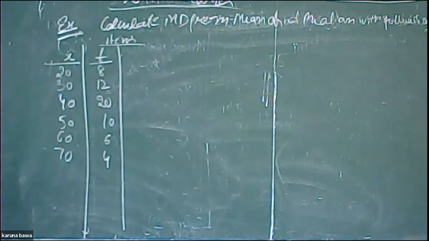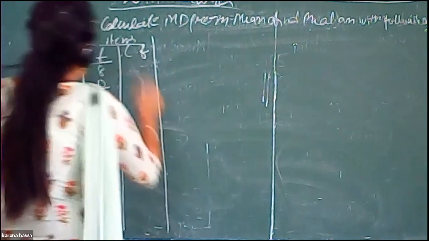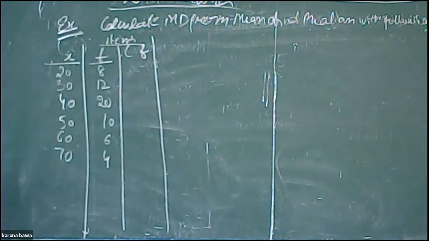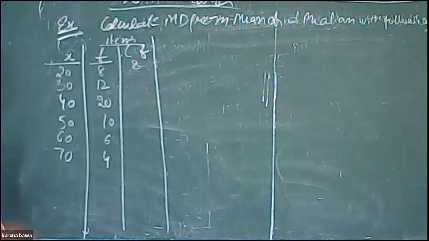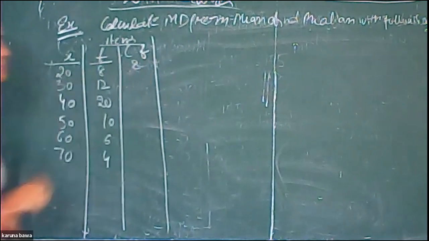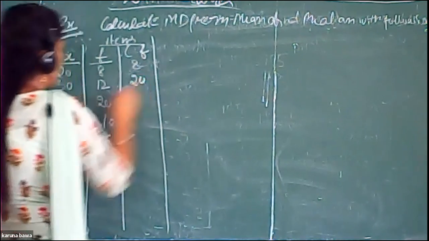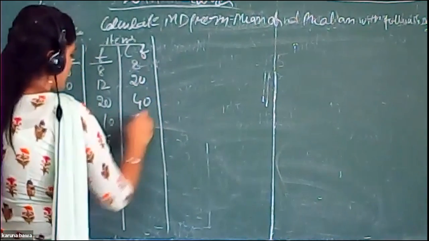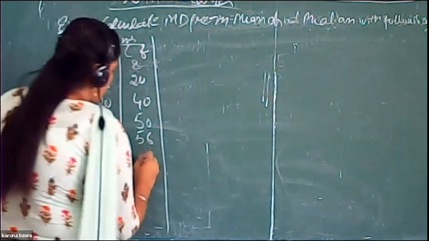So as we know, first of all, we find out the cumulative frequency, based on the frequency. The first term is 8. After that, the second item, 12 plus 8 is equal to 20. 20 plus 20 is equal to 40. 40 plus 10 is equal to 50. 50 plus 6 is 56. 56 plus 4 is 60.